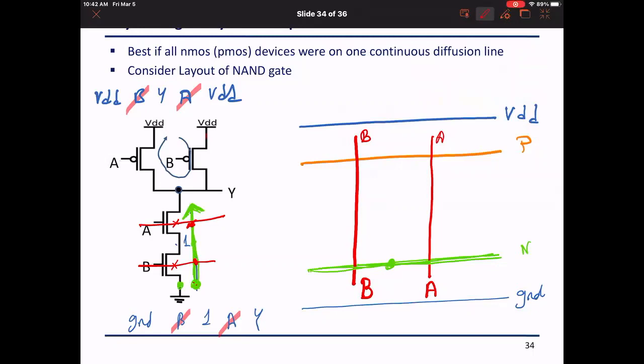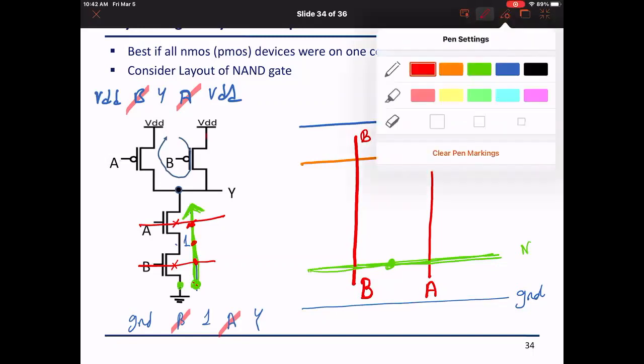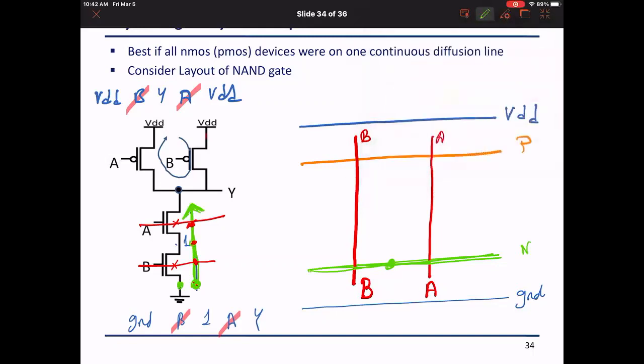And this single path is enforcing a connection between those two transistors. We will talk about it in a bit.